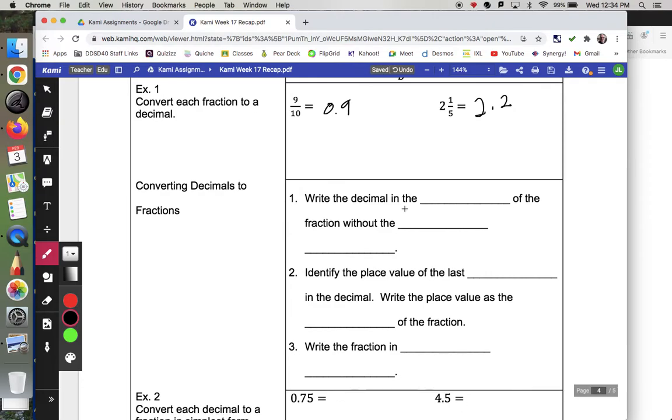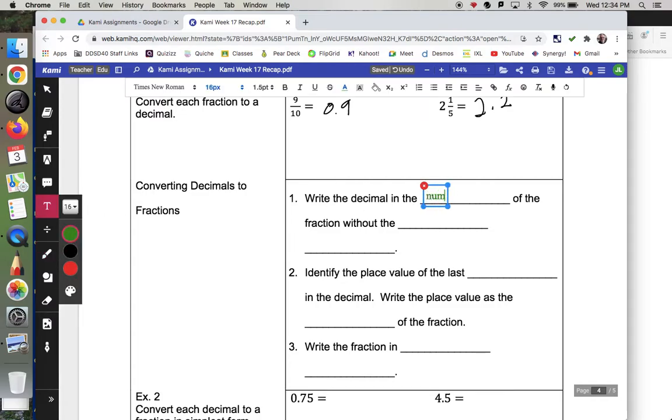To change from a decimal to a fraction, we're going to write the decimal in the numerator without the decimal point, and identify the place value of the last digit.